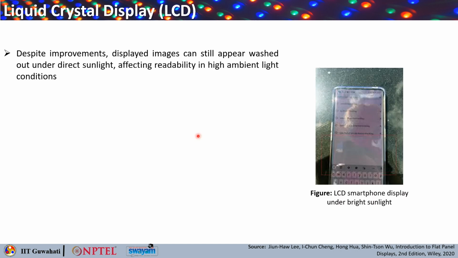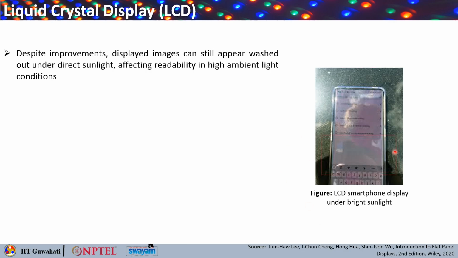have seen. Now, despite all these improvements, the displayed images from LCD can still appear washed out under direct sunlight, which will basically affect the readability in high ambient light condition.